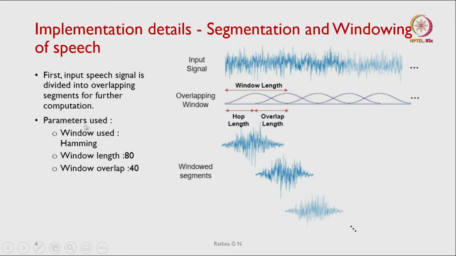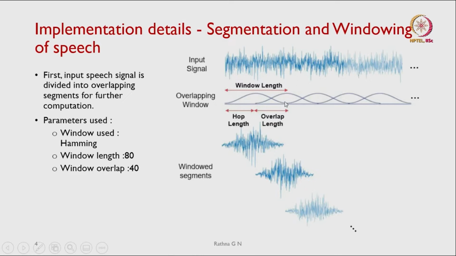The parameters used in this test scenario: the window is a Hamming window, the window length is chosen as 80 and the window overlap is 40. As you can see, this is the speech signal, which is the input signal, and we will be considering the overlapping window. This is the window length, this is the hop length, and this is the overlap length.